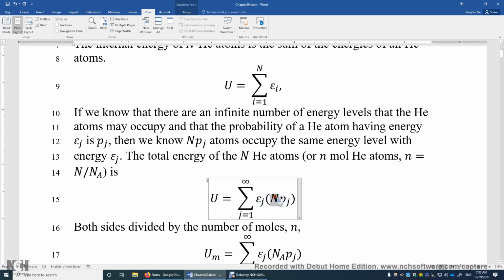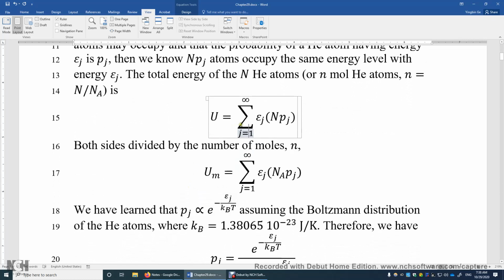So this uppercase N times p sub j is the number of helium atoms with an energy of epsilon j. And again, just to make this more general, let's say there are an infinite number of energy levels, so we are summing over 1 to infinity.